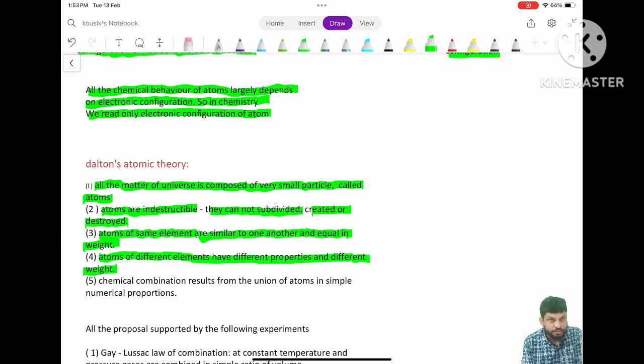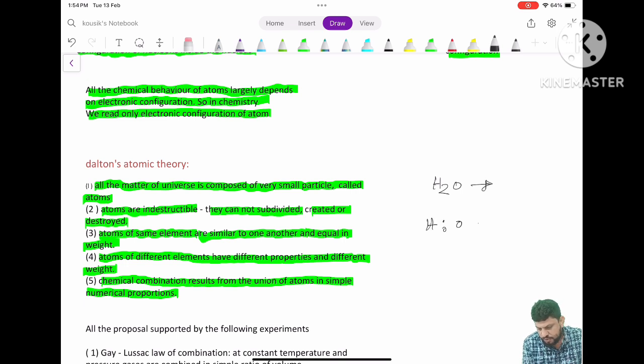And the last point, which is very, very important: chemical combination results from the union of atoms in simple numerical proportion. For example, oxygen reacts with hydrogen to produce water, and their ratio of atoms is simple. For water, H2O, hydrogen to oxygen is 2:1.